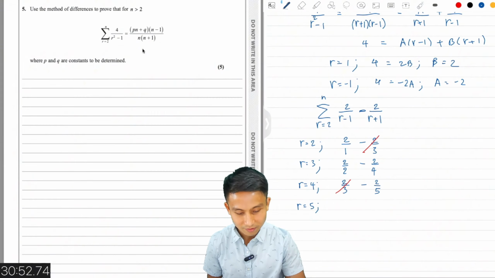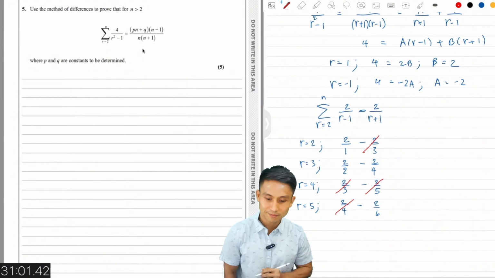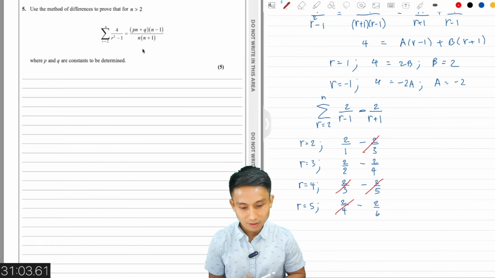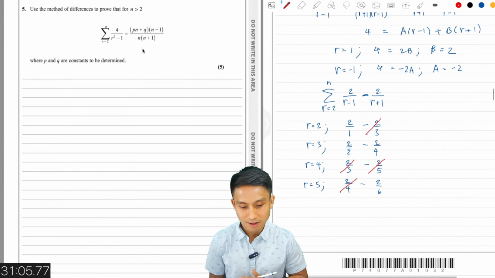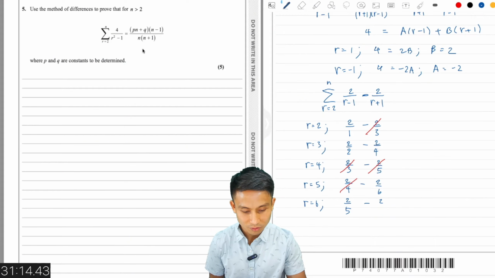R equals 5. You get 2 over 4 minus 2 over 6, right? So this one cancels that one. Okay, let me have a look here. Okay, I need to keep going a little more here. So r equals 6, so we have 2 over 5 there, minus 2 over 7.